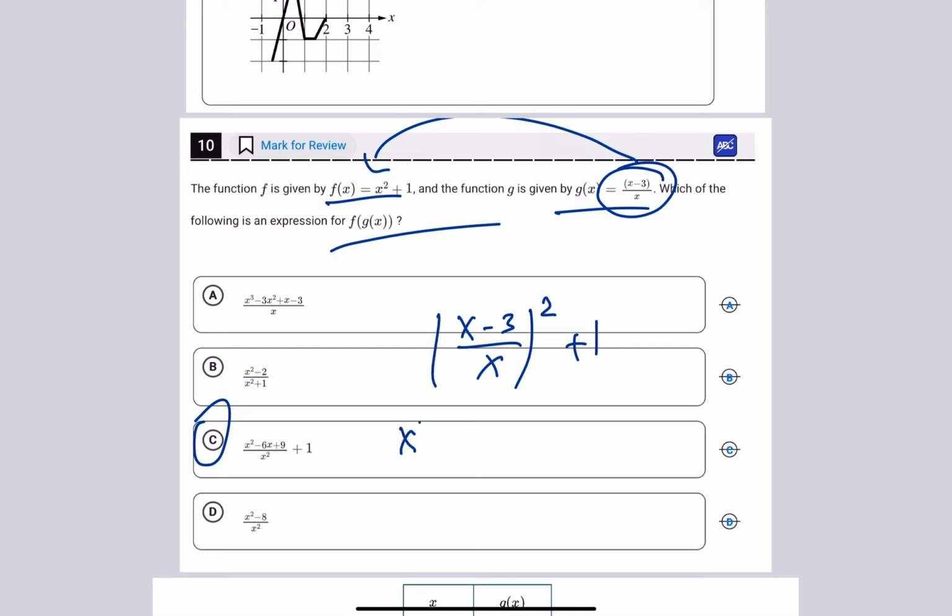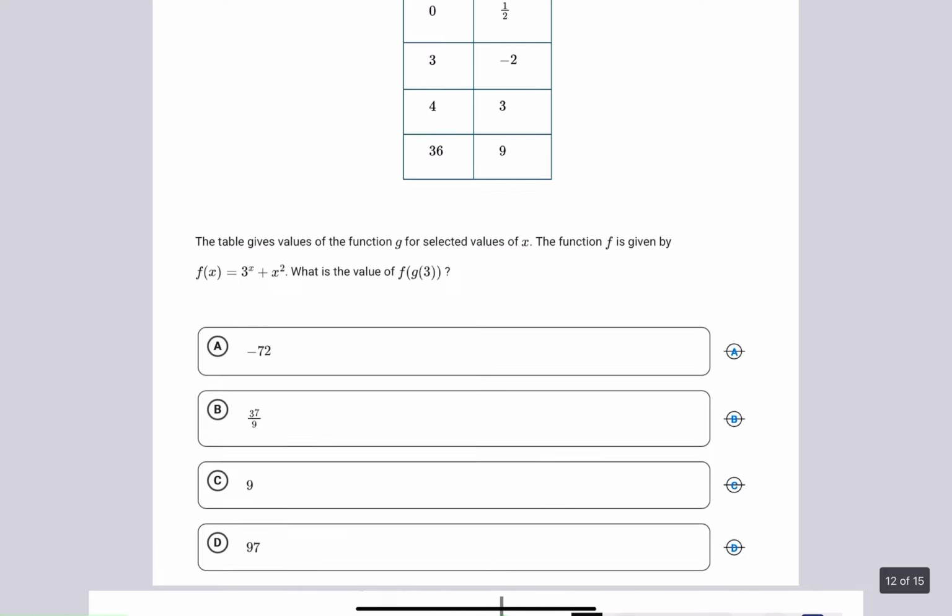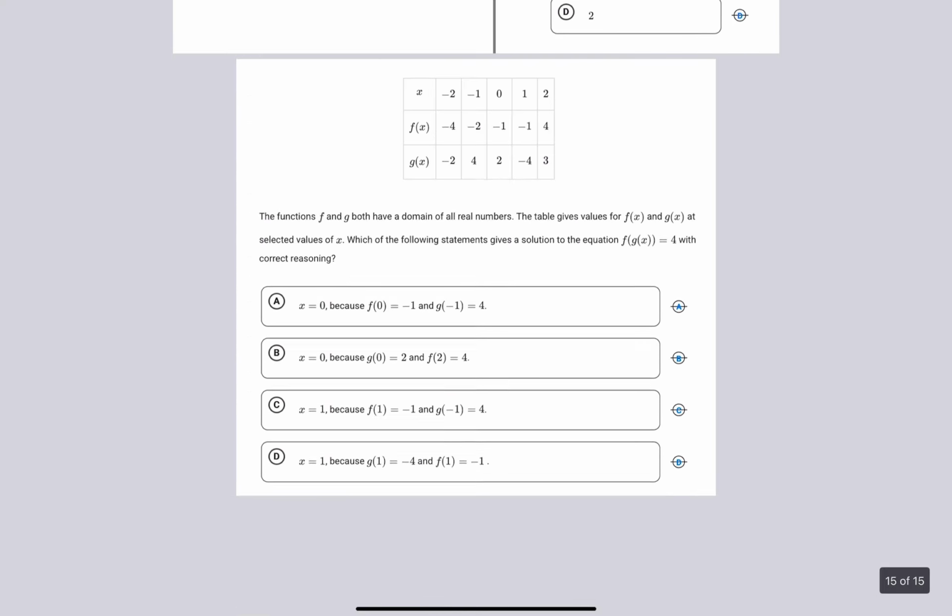It's just going to be x squared minus 6x plus 9 over x squared plus 1. I'm moving quite fast, as you can tell, because we've covered this in the past multiple times. So I'm pretty sure you have a good knowledge of what's going on.